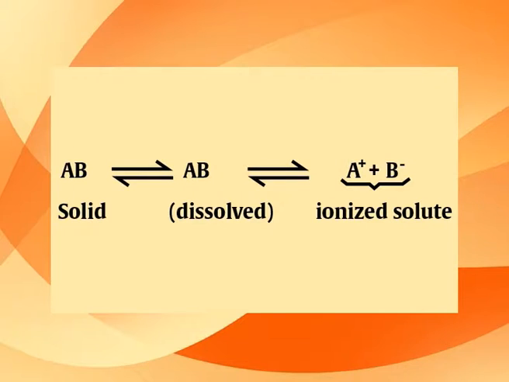Thus, in a saturated solution of an electrolyte AB, two equilibria exist and can be represented as AB, that's a binary electrolyte, in its solid form is in equilibrium with its dissolved form AB. The dissolved form of AB is further in equilibrium with its ions, that is A positive and B negative.